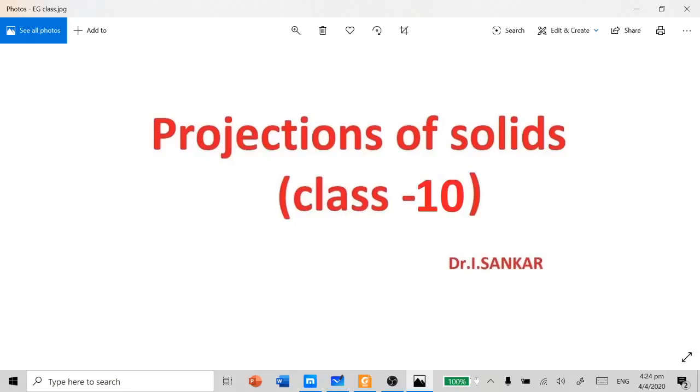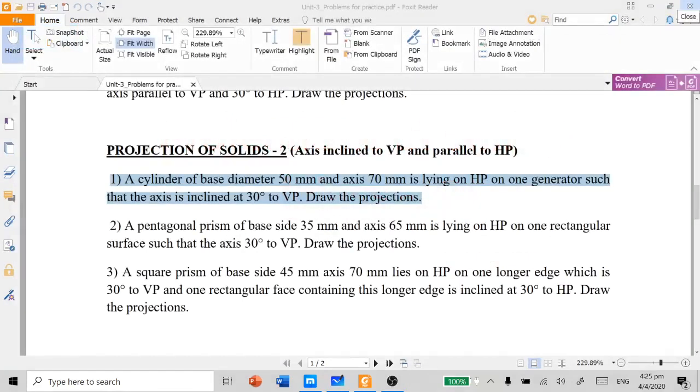Students, in this video lecture we are going to learn how to draw the solid's front and top views when the solid is resting on HP and its axis inclined to VP and parallel to HP. In our problem set, this is coming under chapter 2 in projection of solids, axis inclined to VP and parallel to HP.